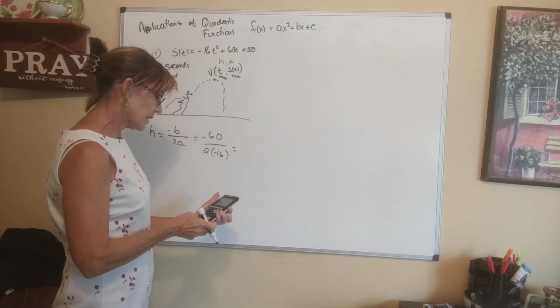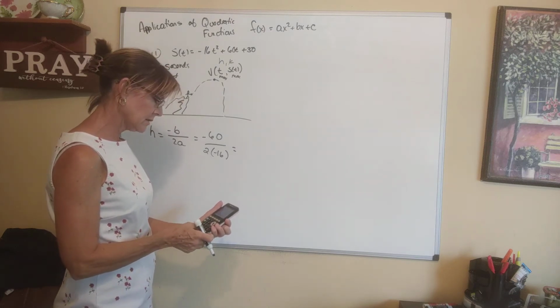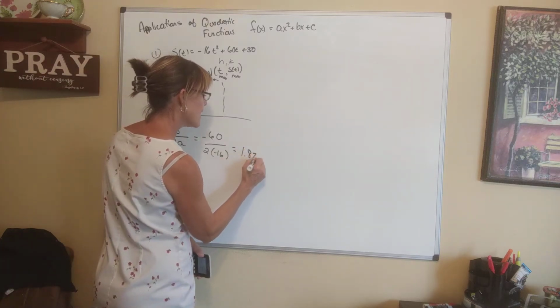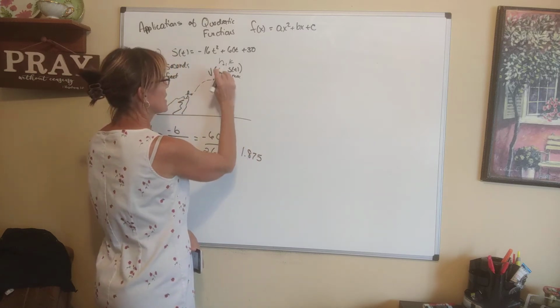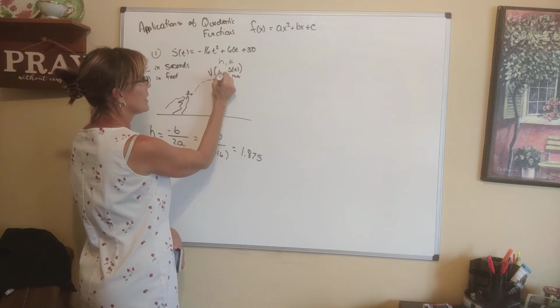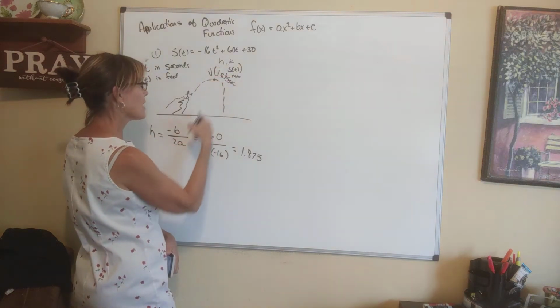If I take 60 divided by 2 times 16, I get 1.875. So this is 1.875 seconds.